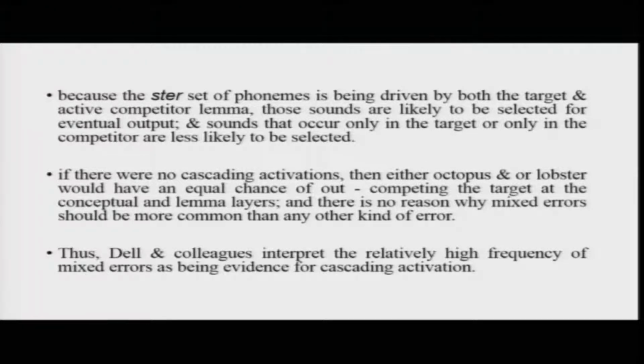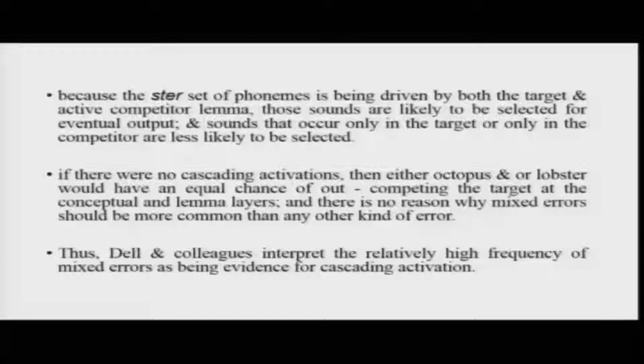And so that is why in the eventual output, even if you are going to make a mistake, there is a higher chance that you will make a mistake which ends with "ster" as compared to the "pus" part of octopus, because that is receiving less activation, while "ster" is receiving activation from both lobster and oyster. That's basically what is happening.